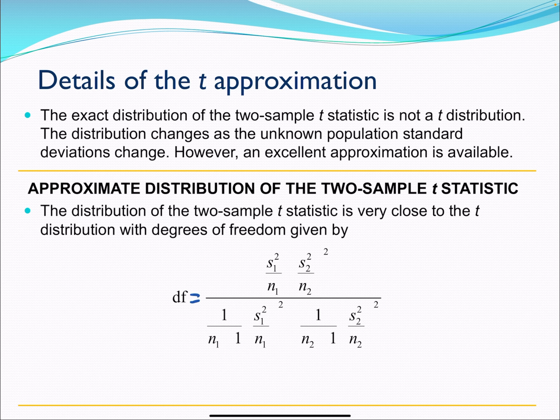The degrees of freedom would be our sample standard deviation squared over its sample size plus the sample standard deviation squared over its sample size, all squared.